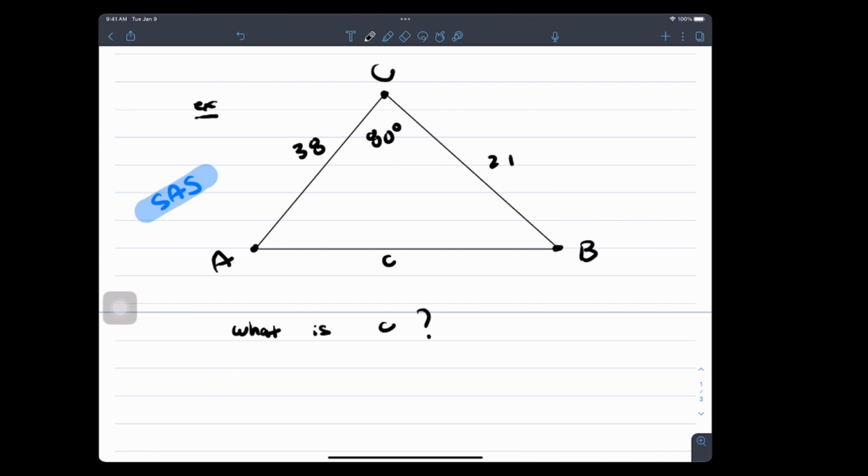So here's my point to you guys. Side, angle, side, they're always going to want the opposite side here. Notice they ask, what is little c?